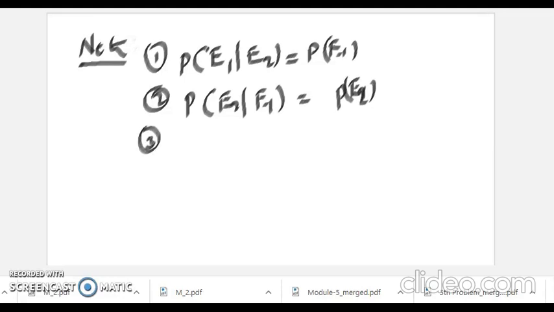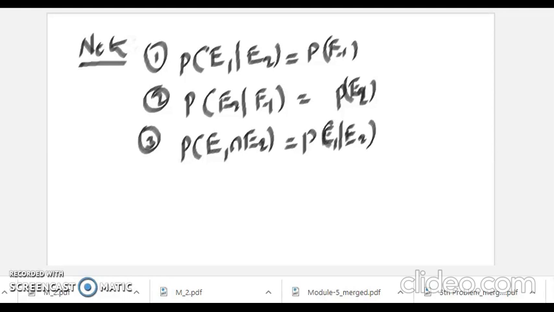And third one is P of E1 intersection E2 is equal to P of E1 divides E2 into P of E2. It is also equal to P of E1 into P of E2. From the above notations, or from points 1 and 2, we write like that.